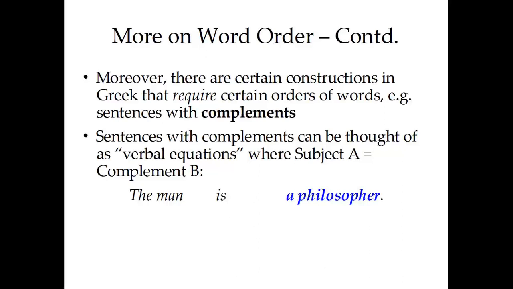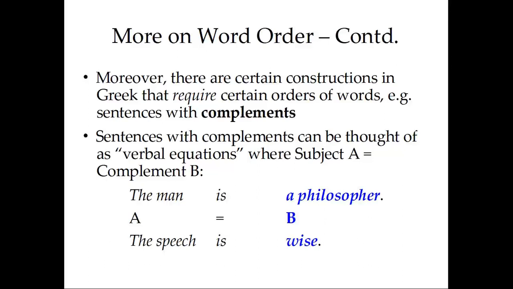Here our subject is going to be the man. In English, our normal word order is subject, verb, object. In the place of that object, we're going to have a complement. The man is a philosopher. What is he? Who is he? He's a philosopher. The complement is what we're saying someone or something is. So A equals B, subject equals complement.